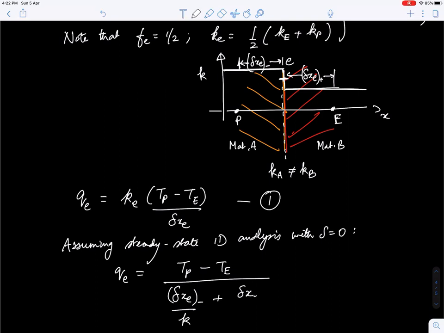That is basically, by an electrical circuit analogy, we can write that the flux should be, sorry, this is Kp and this is Ke.